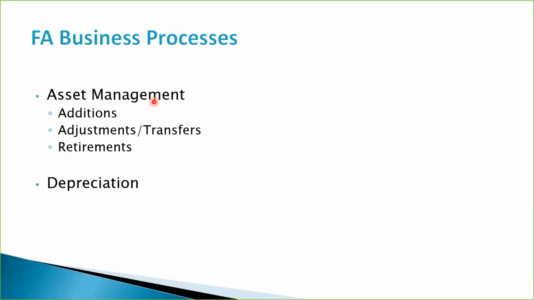You can add new assets once they are acquired. You can add them to your books. That is basically what we call addition. The main thing we'll mention about addition is that it can be done in two broad ways. One is manual addition, whereby you go to the asset workbench and do manual addition of an asset. Basically, you key in the details of the asset, all right?